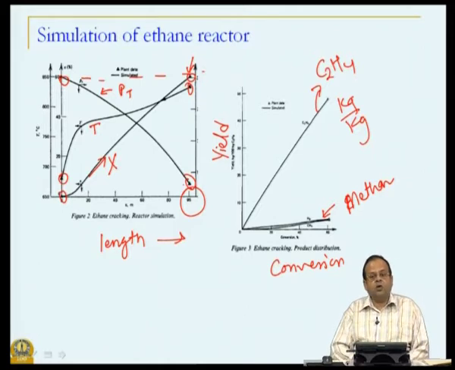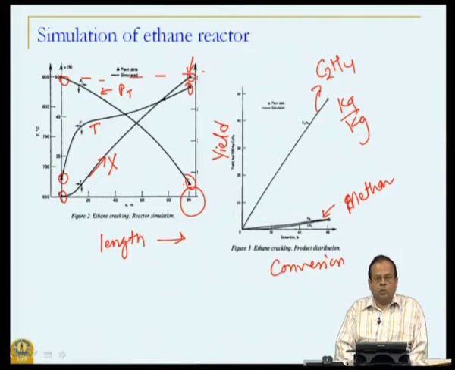So, this example illustrates how we use thermodynamic information: because there is an increase in number of moles, we have to have low pressures and inerts to achieve higher equilibrium conversions.